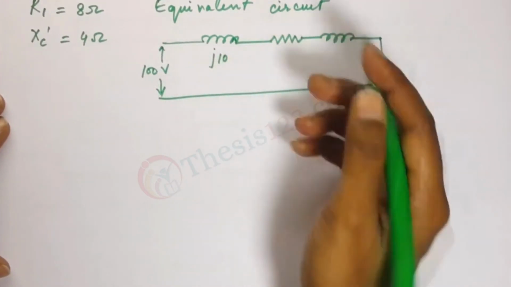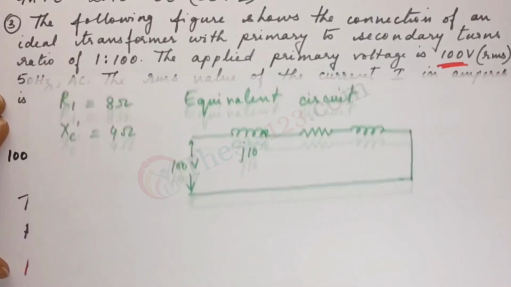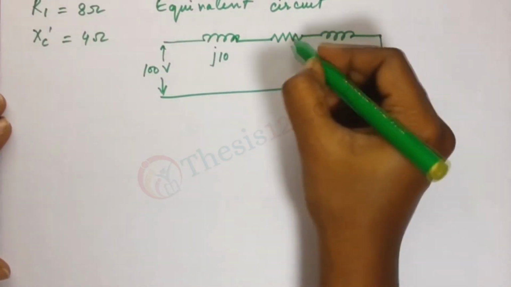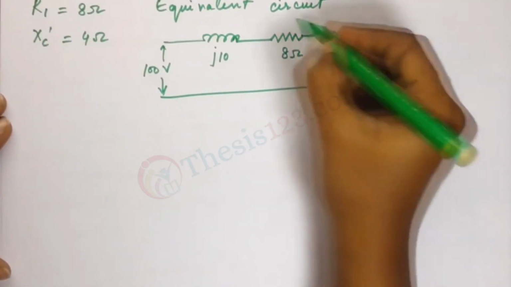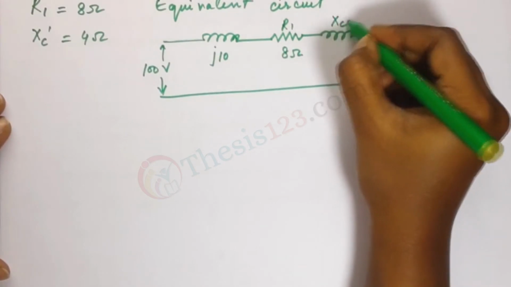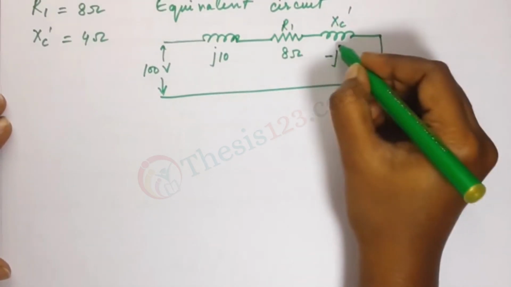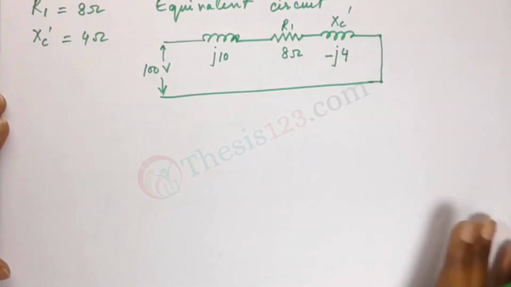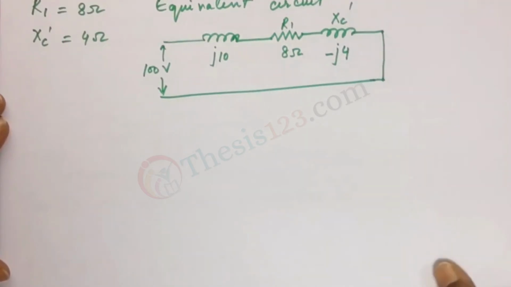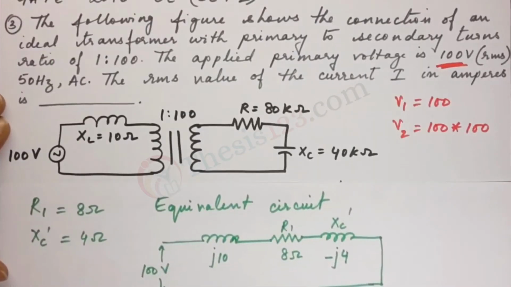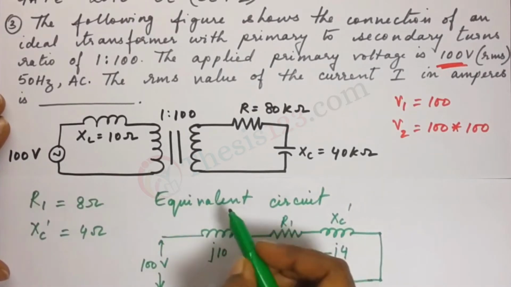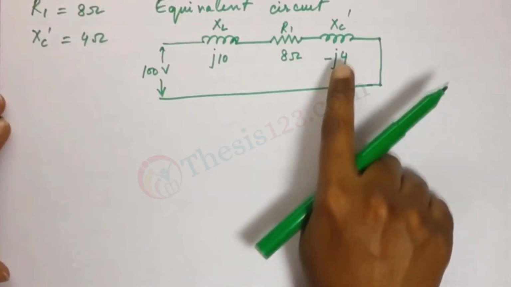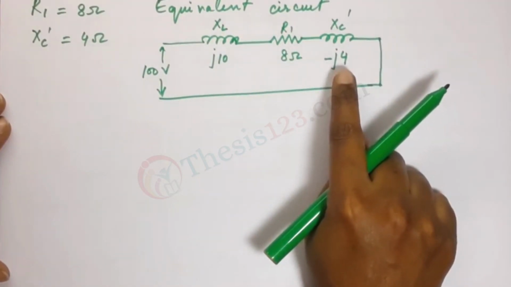Here we have j10 as given in the diagram, then 8 ohms, which we found as R1, and this is XC dash, which is minus j4. Please keep that in mind, it is quite important. For the capacitive reactance we have minus j4. Now this is XL, the inductive reactance, so that would be positive, whereas the capacitive reactance would be negative.